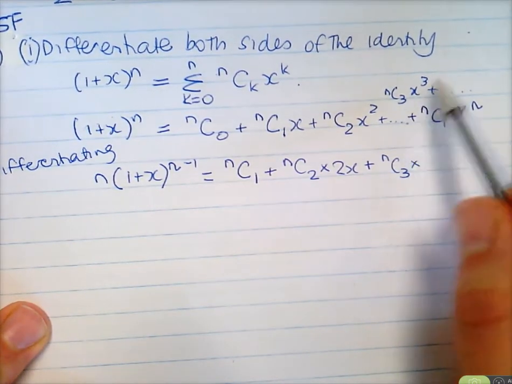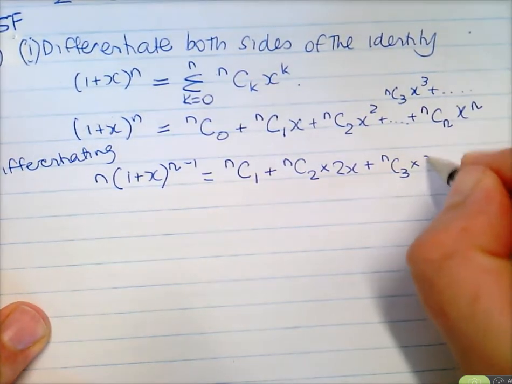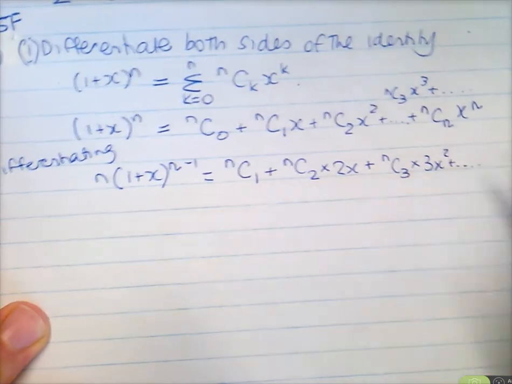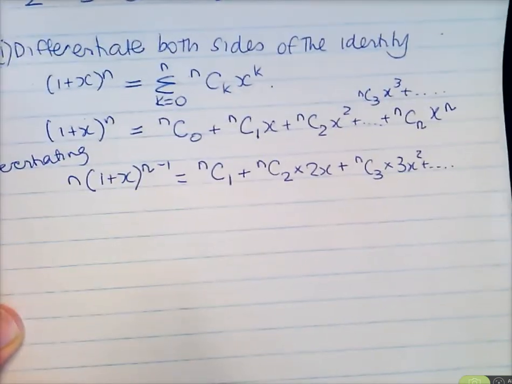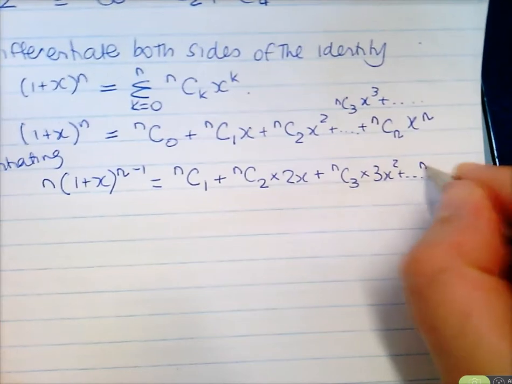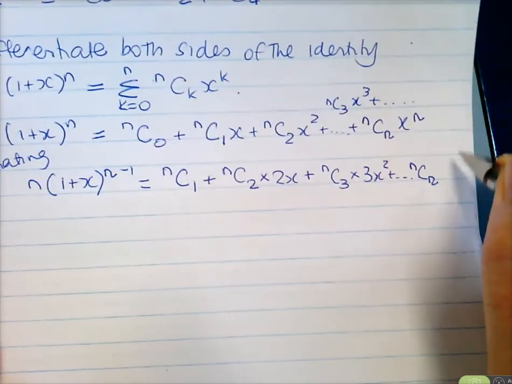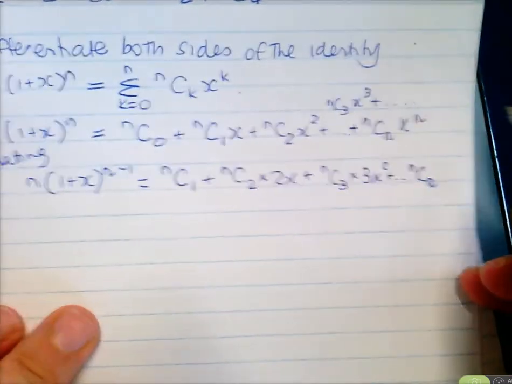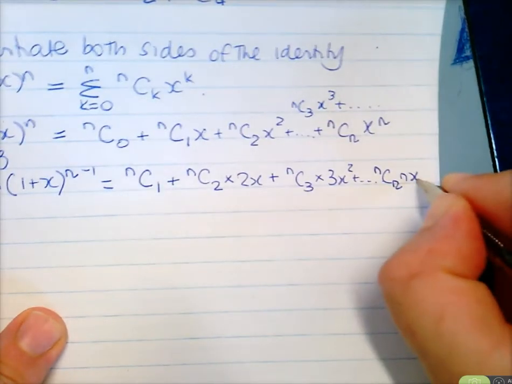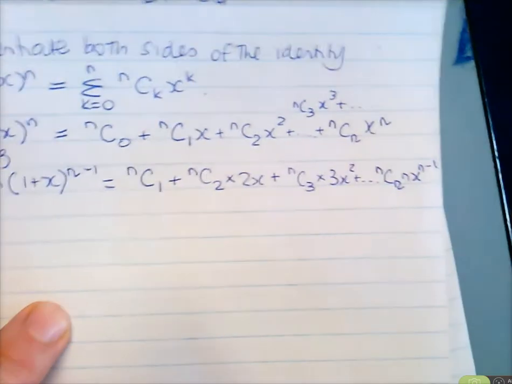I've thrown an extra term in. Plus, if you differentiate the last one, which is nCn x to the n, you get nCn times n x to the n minus 1.